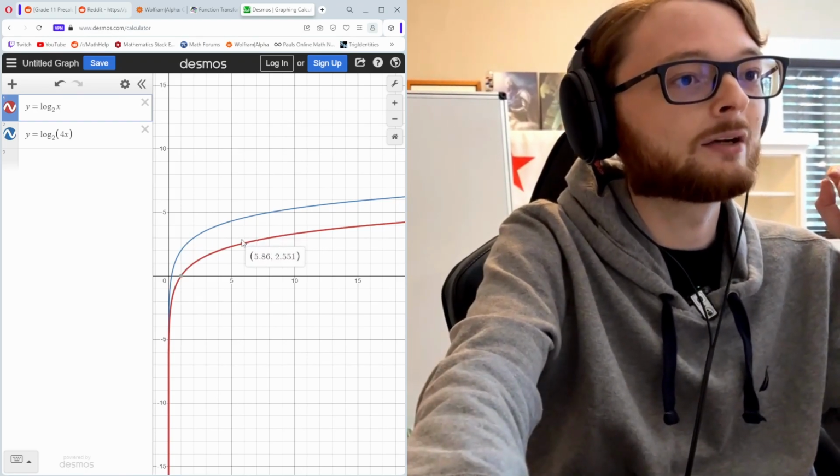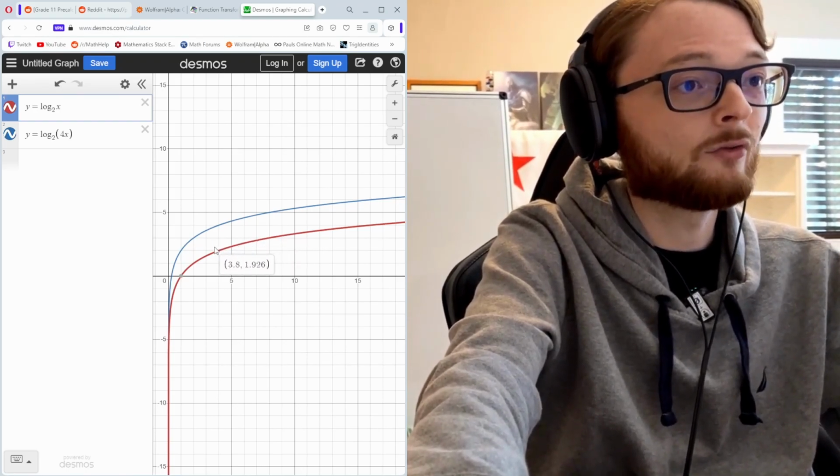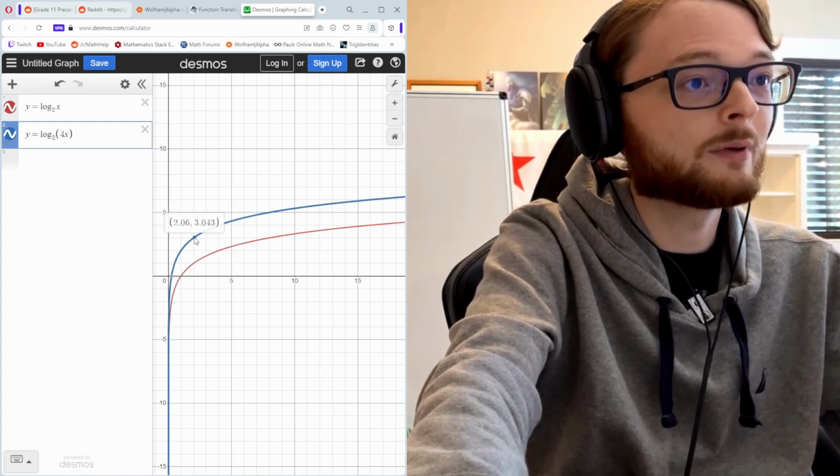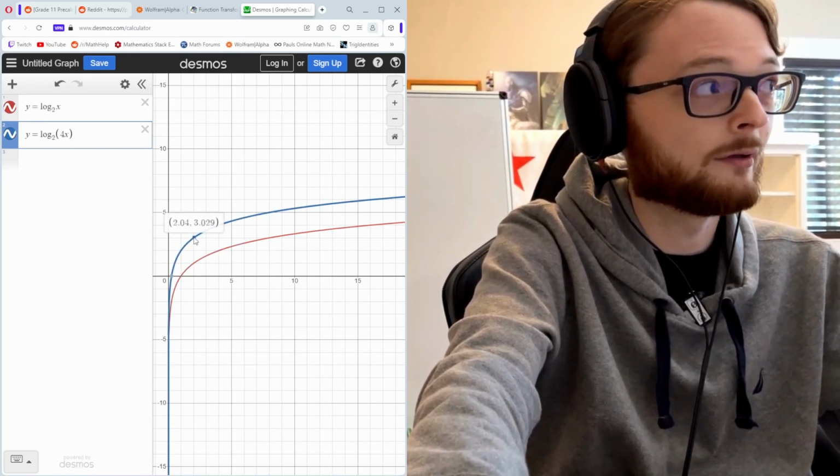So it's gotten dragged over to the left, and I assume by a factor of 4. So it would actually be over here, turn into the point 2, 3.